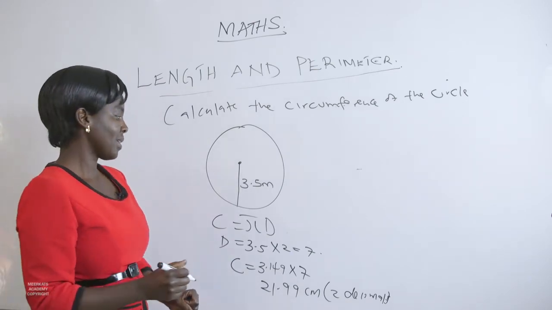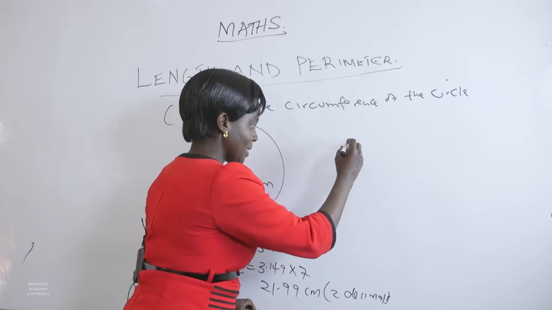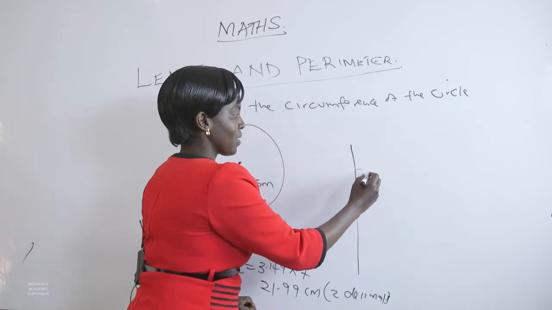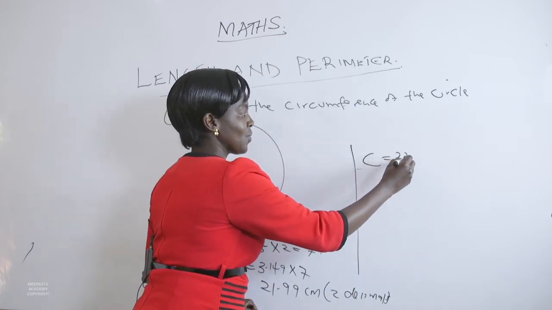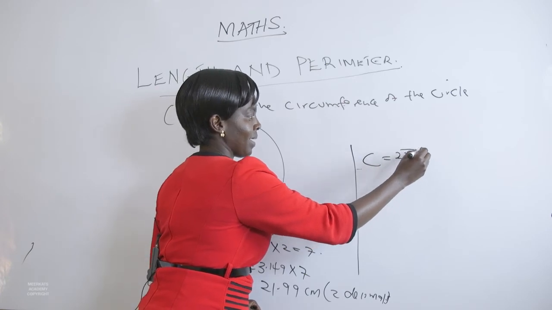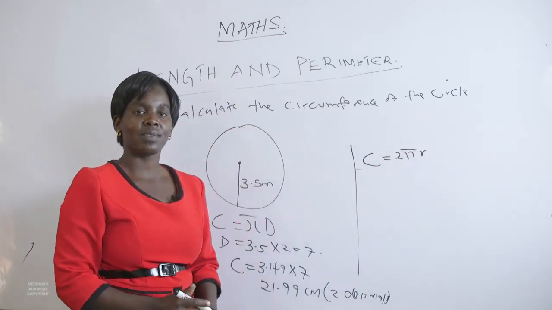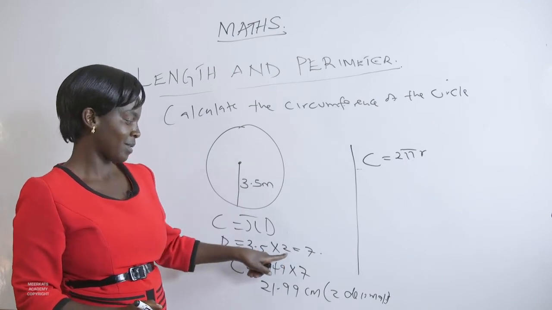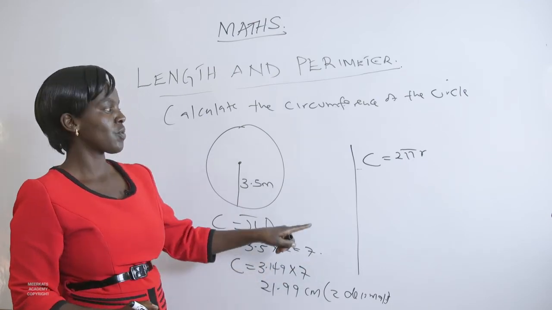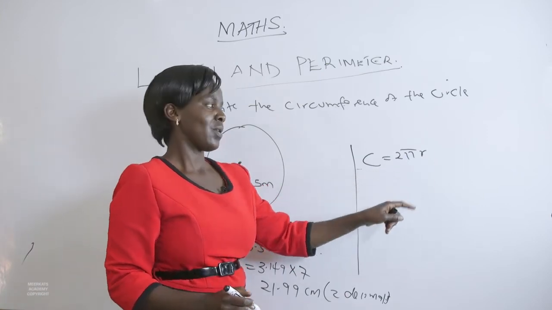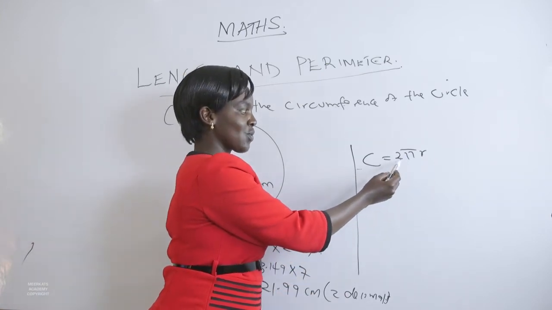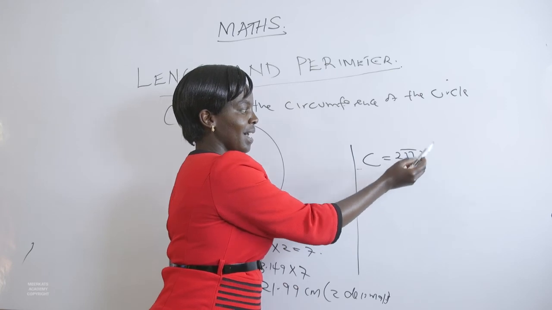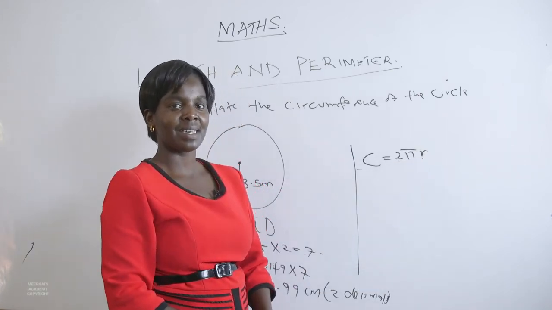Instead of saying pi d, you are also allowed to say 2 pi r. In case you are given the radius, instead of multiplying the radius by 2 to get the diameter, you can use this formula, where 2 times r gives us the diameter eventually.